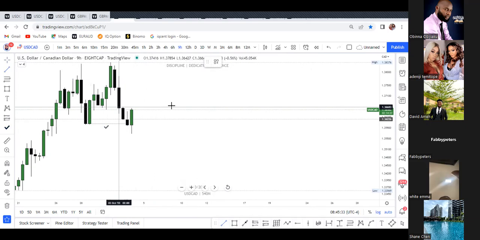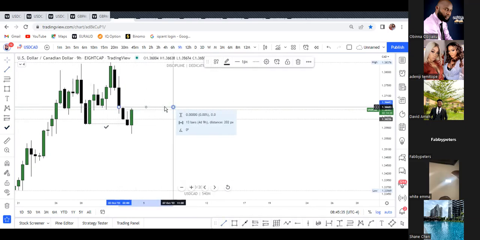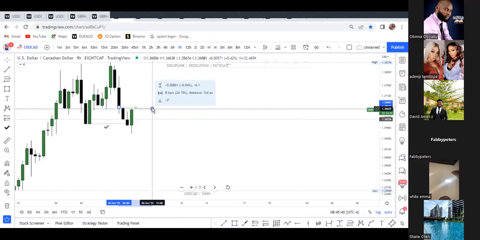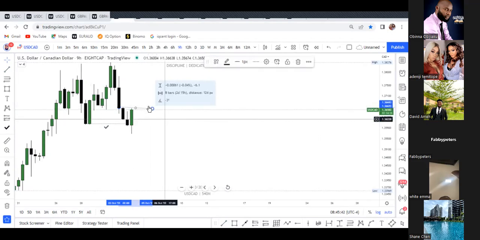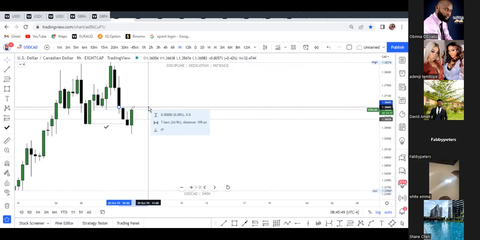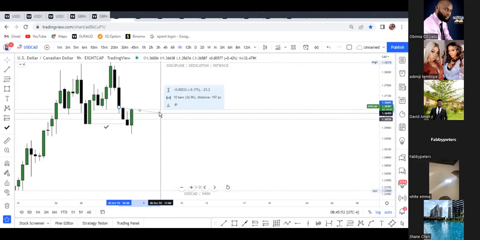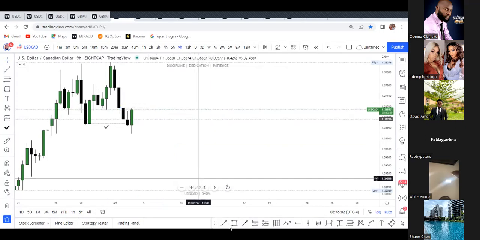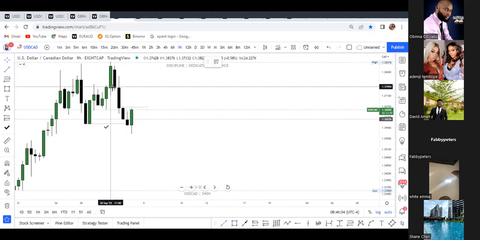Either they bounce off this fair value gap, making an EQ or consequent encroachment. Now, before they move on lower time frame, they will create inducement of liquidity around this zone.